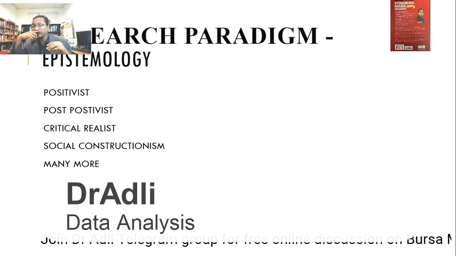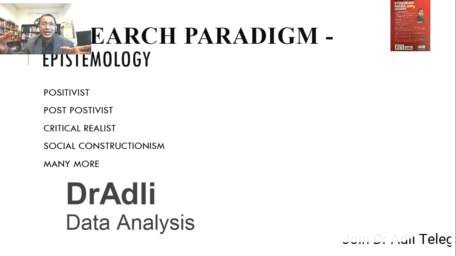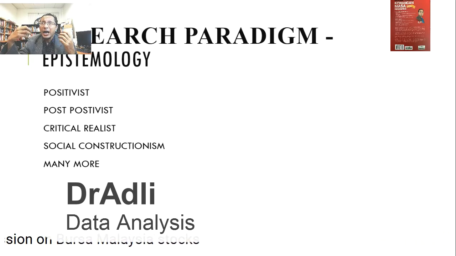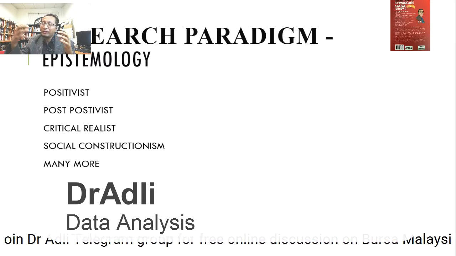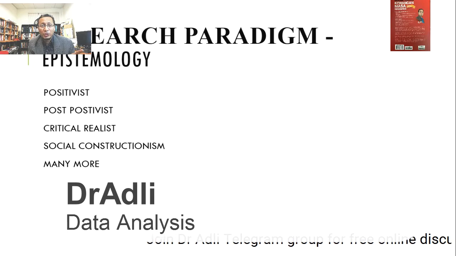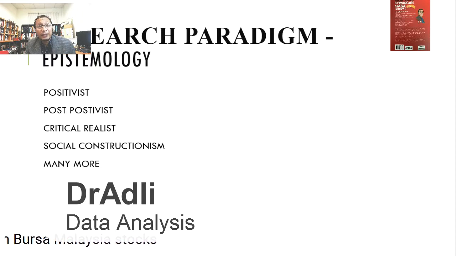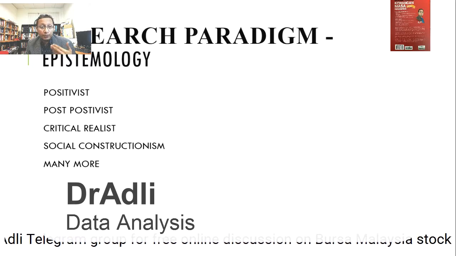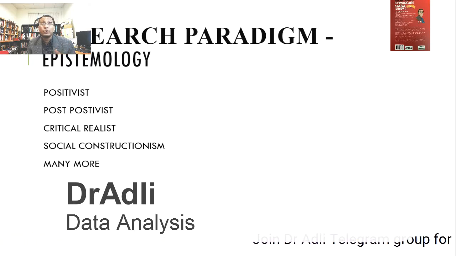All right, and then we have another word which is quite interesting, which is epistemology, right? Epistemology is simply stating how you acquire knowledge, right? So you have your reality just now, your ontology, and then how you want to acquire your knowledge. For example, here I've listed some of the epistemologies: positivist, post-positivist, critical realist, social constructionism, and many more.